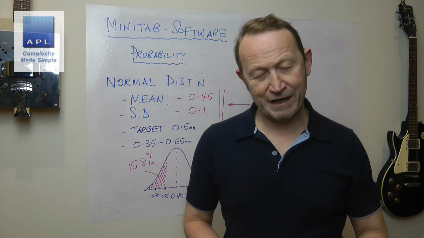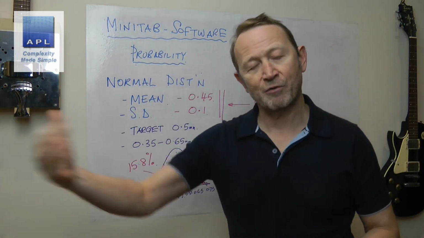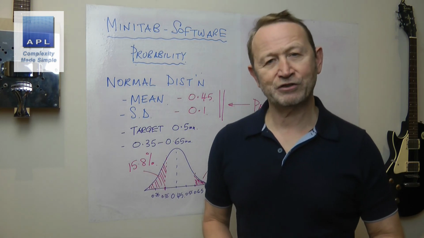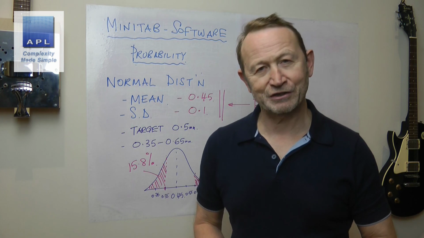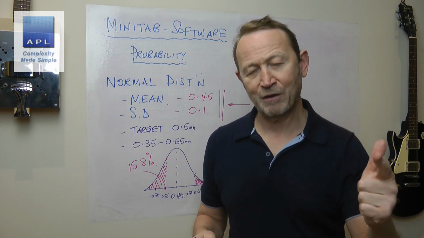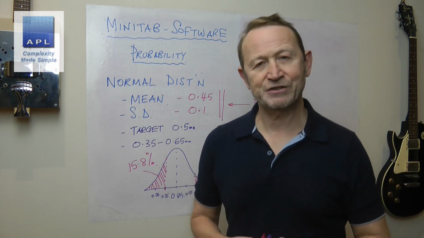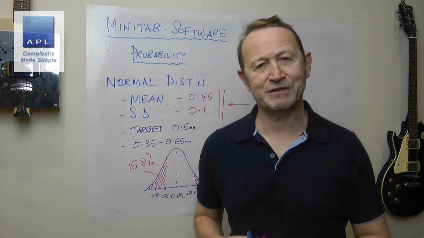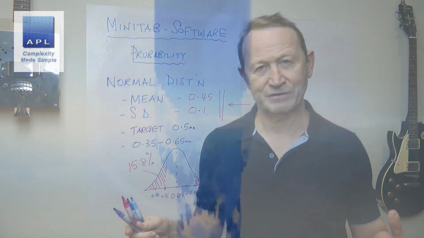That's how it will play out in your organization: the ability to predict going forward how many defects you are going to make if you've got a mean and standard deviation that looks like this. So there are your three distributions, the binomial, the Poisson, and the normal, and that is the best way for Minitab to deal with them, with the probability distribution plot.